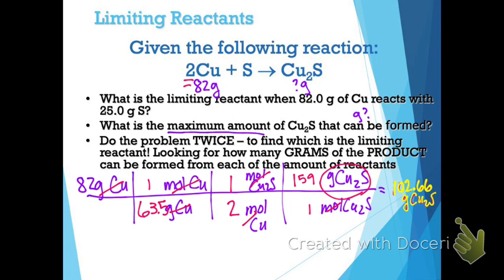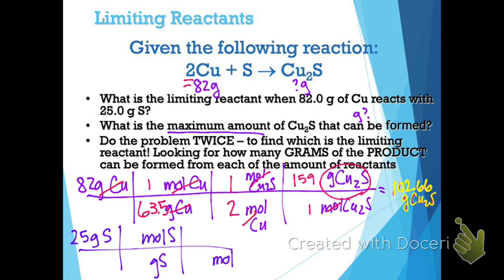Okay, we've got to go from grams of just pure sulfur to grams of copper sulfide. And this time we're starting with 25 grams of just sulfur. Grams of sulfur to moles of sulfur. Moles of sulfur to moles of copper sulfide.